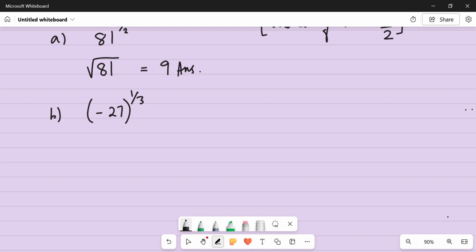So convert this minus 27 to the power 1 over 3 into cube root. Now you need the factors of 27, like when we multiply 3 times, you will get 27, because here it's a cube root. So you need 3 factors here. So when you multiply, you will get 27.